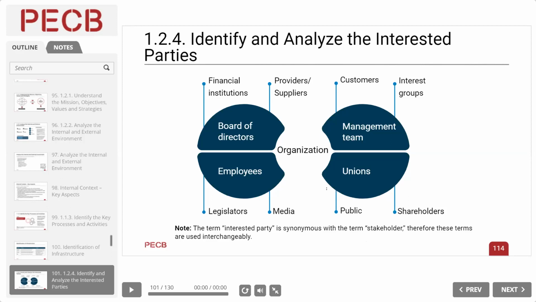Again, these are things the auditors will ask for. Are you gathering feedback? Because if you're not gathering the opinions of people who matter, who are impacted by your organization, then you're not gathering good opportunities for improvement around your ISMS.